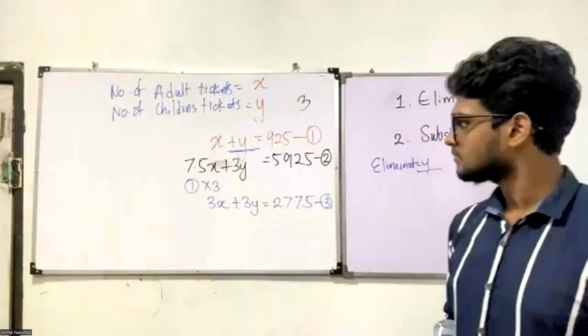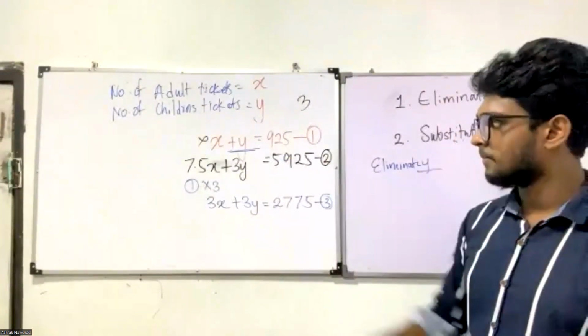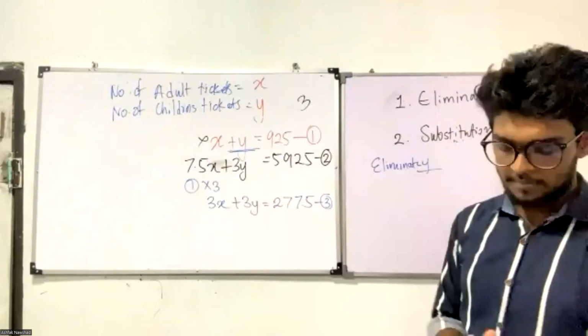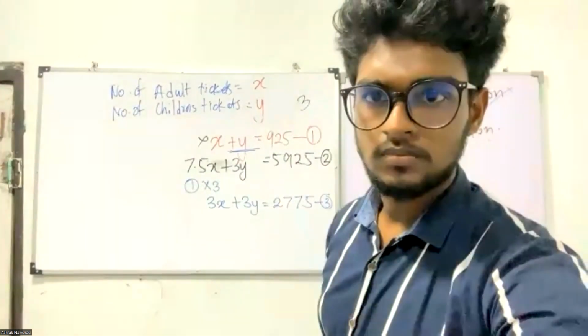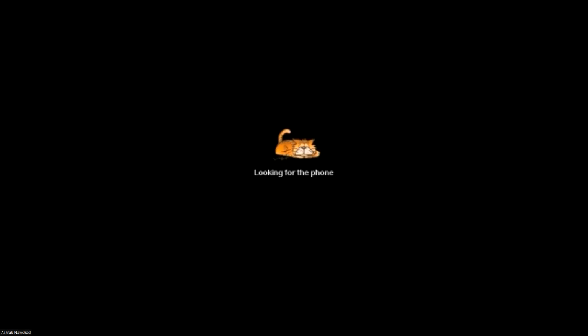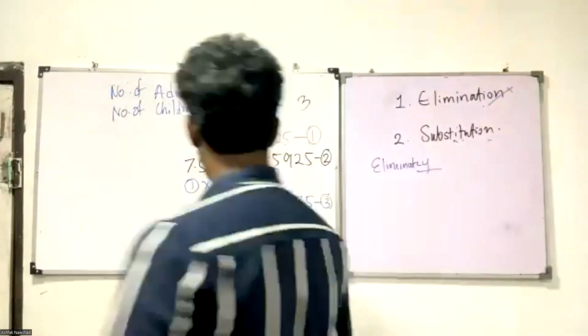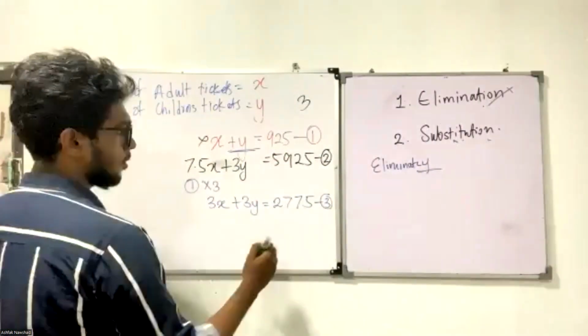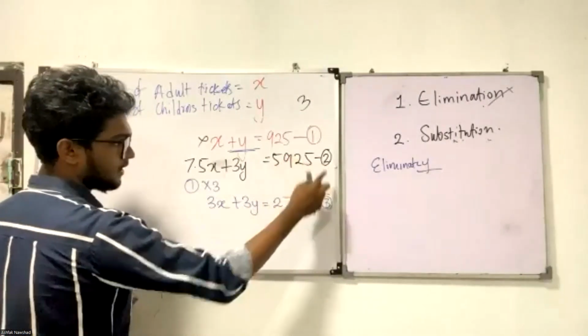And then let's not consider this for a while. See, the coefficients are the same and the signs are also the same. If signs are the same, I must subtract. So I'll subtract the bigger number, like I'll subtract 2 from 3.